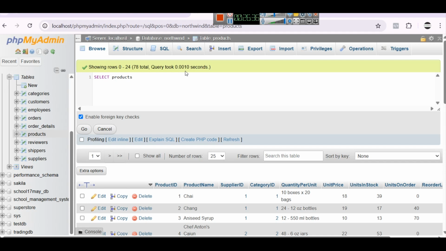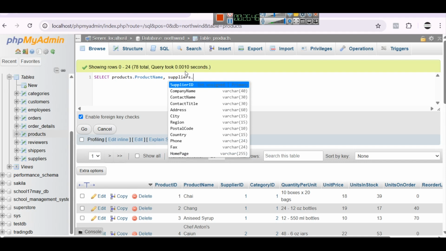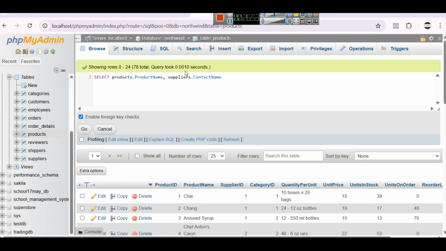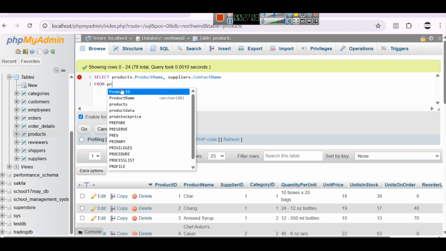In products you will select products, not product name. In suppliers you will select suppliers dot supplier name. In supplier, supplier name is given as contact name. This is your select. What will you write in from? So you will write from products.